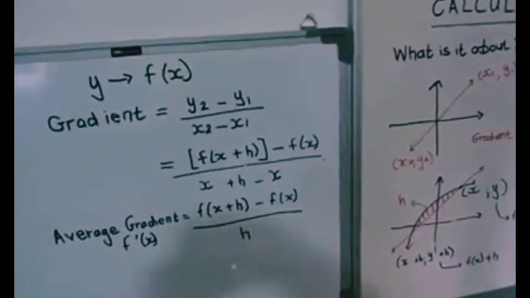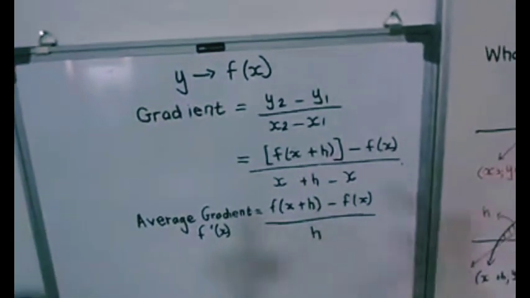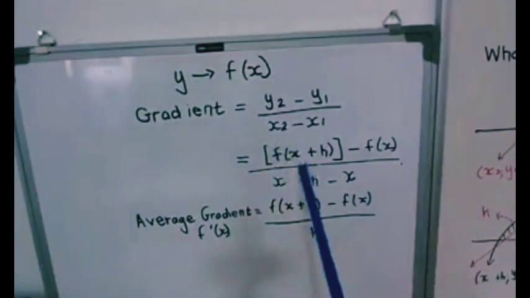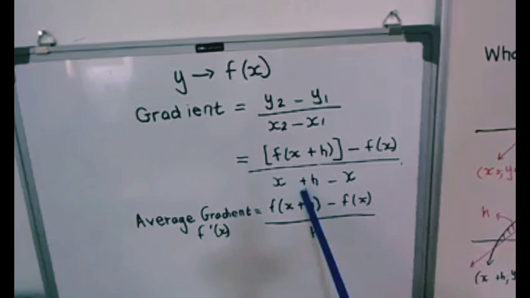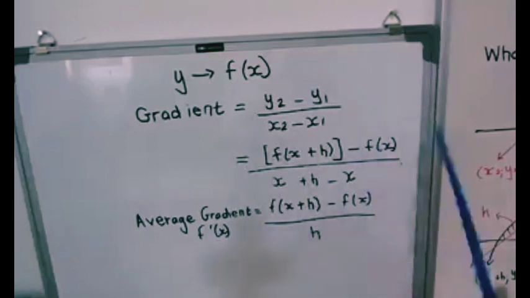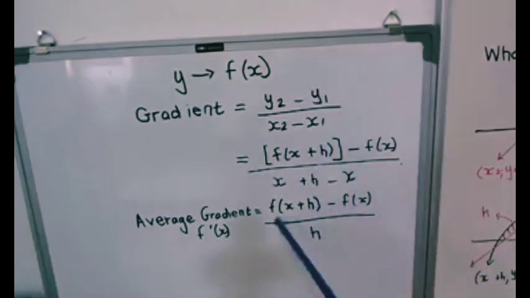Now x2 is x plus h, so x plus that little bit extra, minus x. If we simplify that, it would be f of x plus h minus f of x over h, because the x's cancel. And that is called your average gradient in calculus. Notation-wise, we call it f, with a little dash, x.